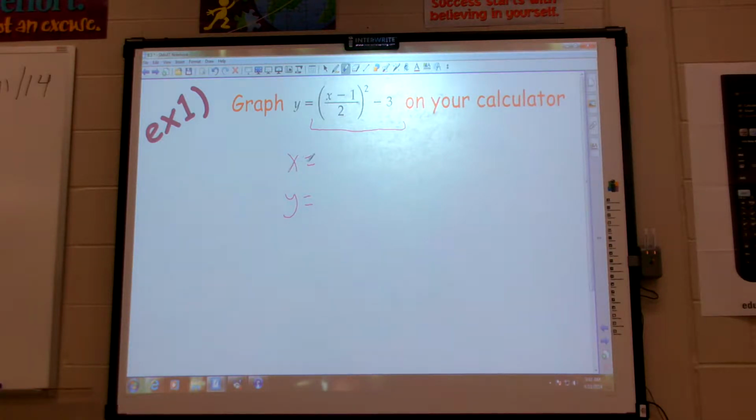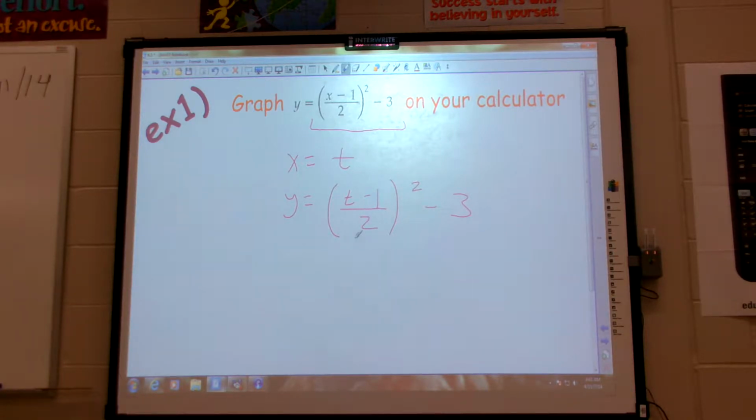So x is the independent, so I'm going to let it be just t. Whatever your independent variable is, that's what I'm going to let be t, just regular old t. Then y, if x is t, is (t minus 1 over 2) squared minus 3. Right? If x is t, all I did was plug it in.